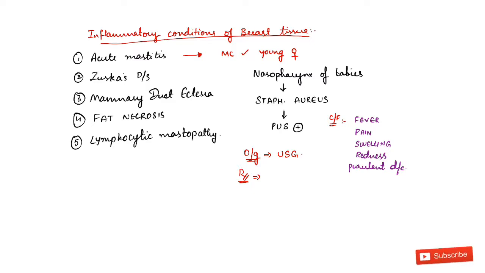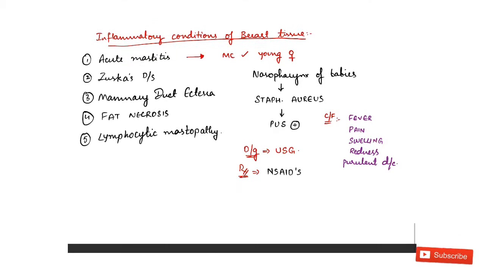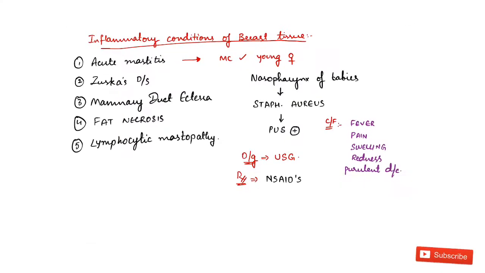The female comes to you with a complaint of increase in temperature, pain in the breast, and swelling. So first of all, you have to decrease the pain. For this pain and swelling, you prescribe non-steroidal anti-inflammatory drugs, NSAIDs, and for the bacteria, you will be prescribing the penicillin group of drugs.